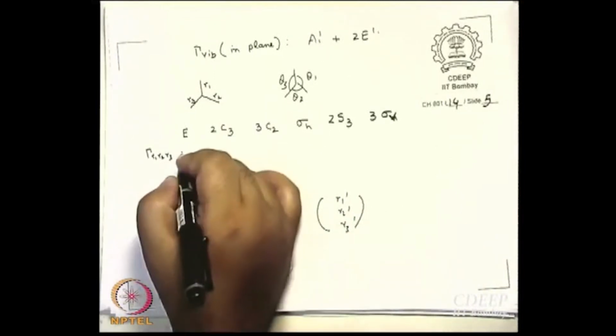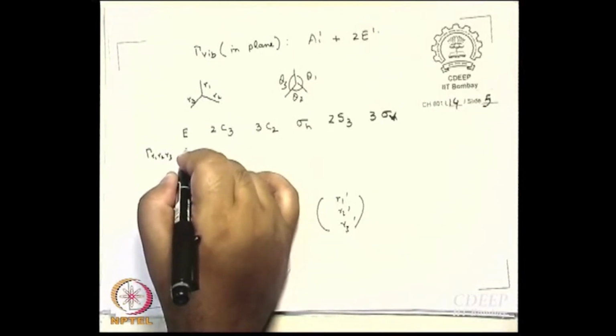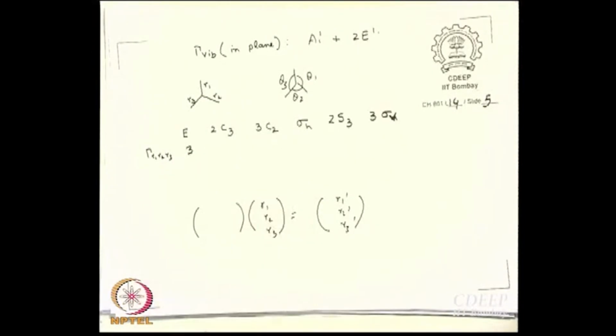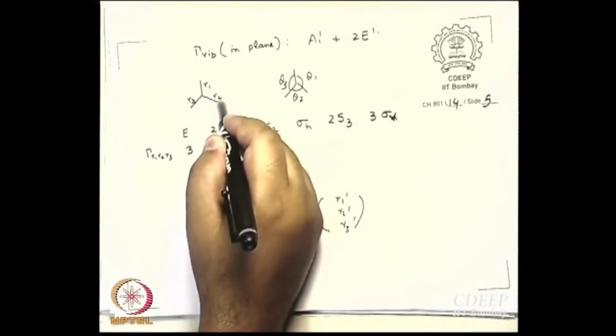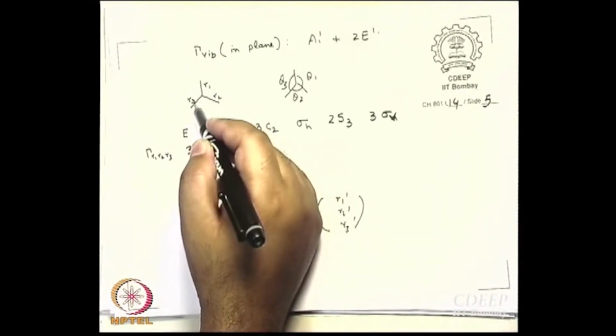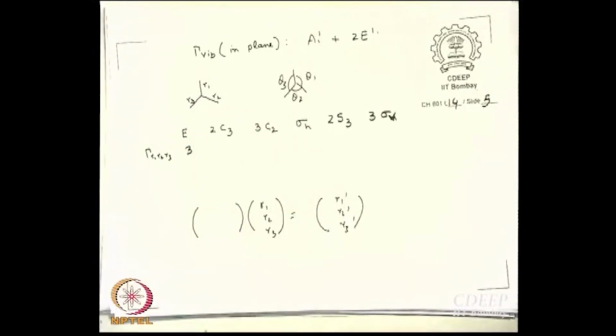So, then what will be the character of E? What will be the character of C3? What happens when you apply C3? R1 becomes R2, R2 becomes R3, R3 becomes R1.